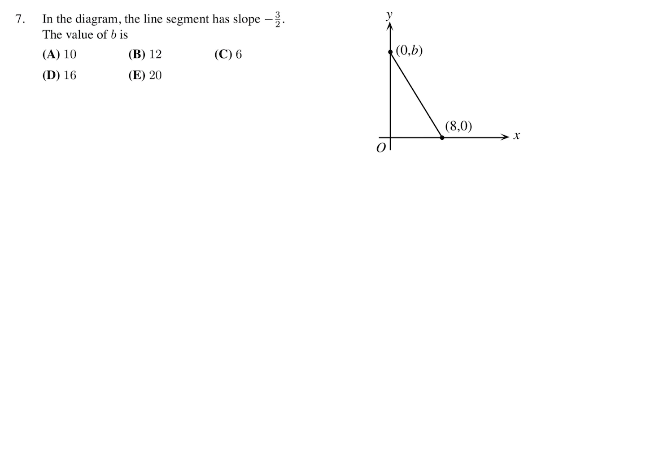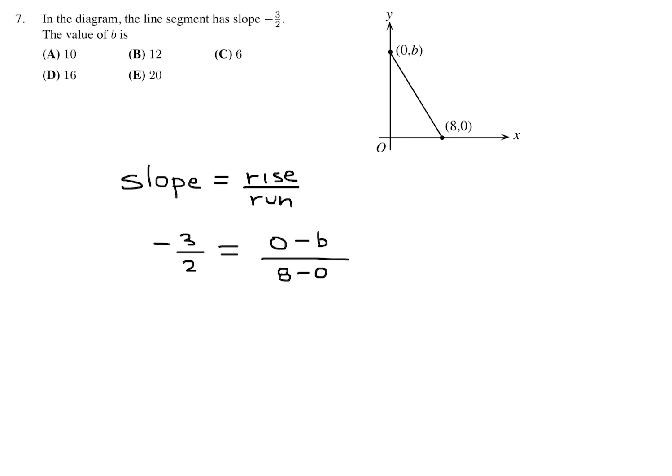In the diagram, the line segment has a slope of minus 3 over 2. The value of B is. Well, the slope, as you hopefully remember, is rise over run. And they are telling you that it's negative 3 over 2. The rise is going to be 0 minus B over 8 minus 0.